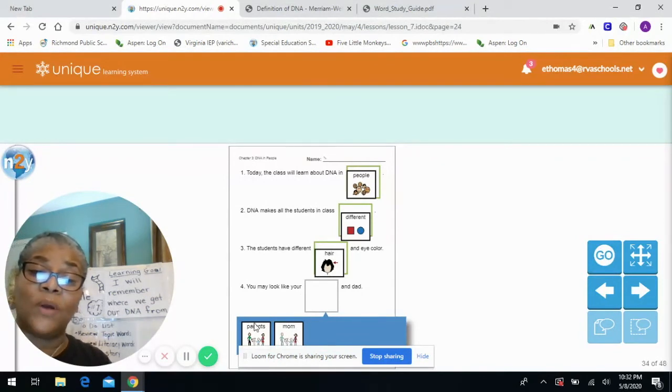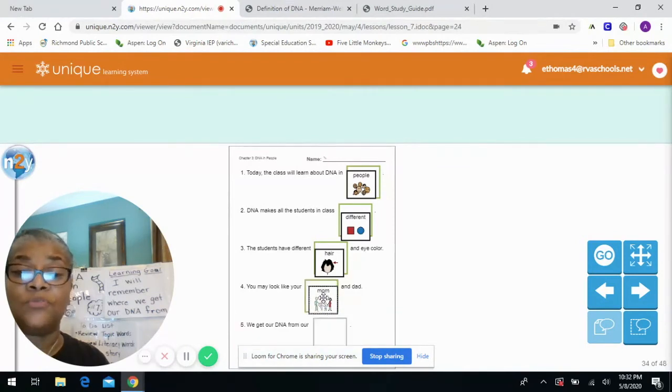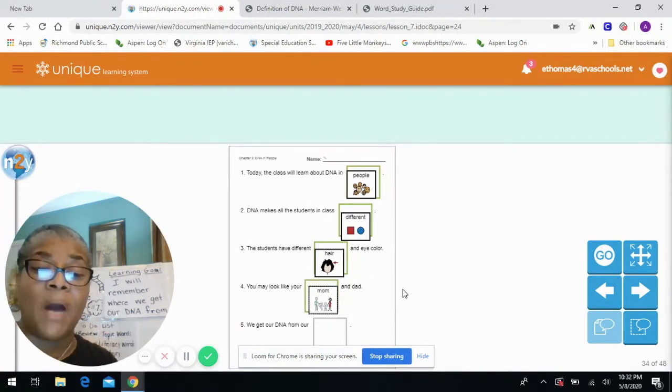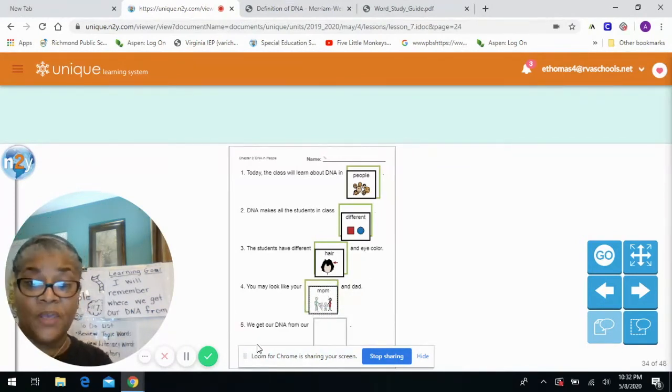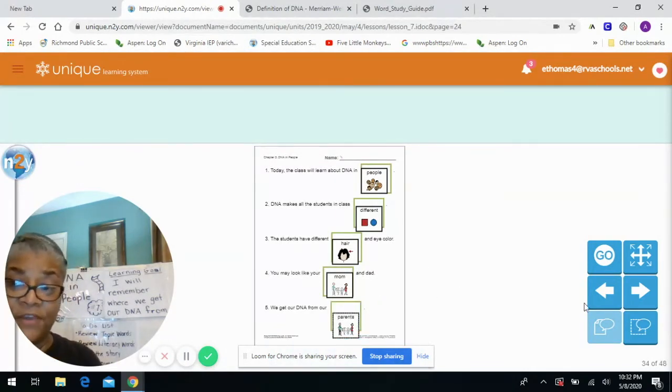You have to select one. These are part of parents. So it would be mom. You may look like your mom and dad. And we get our DNA from our, what's left? Our parents. Very good. Good job.